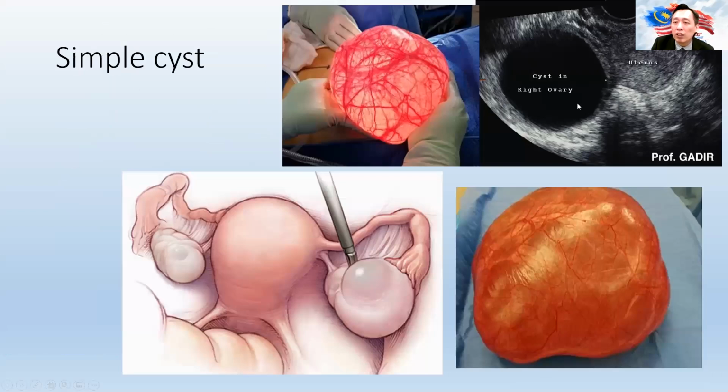This is the ultrasound finding of a simple cyst. If this simple cyst is below 3 to 4 cm, you can keep the patient under observation. You can give the patient a trial of COCP to see whether the suppression can resolve the ovarian cyst or not. If it's bigger than that, then you need a referral for operation.